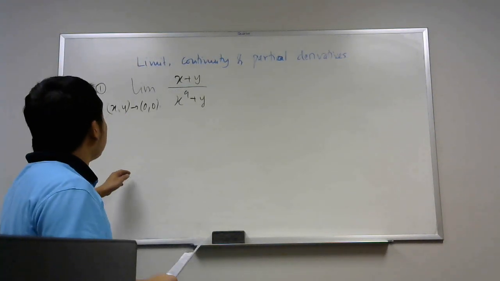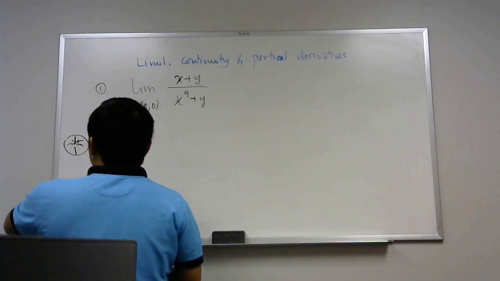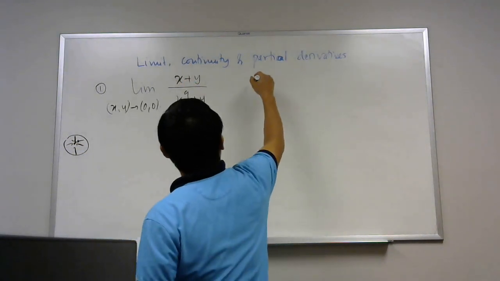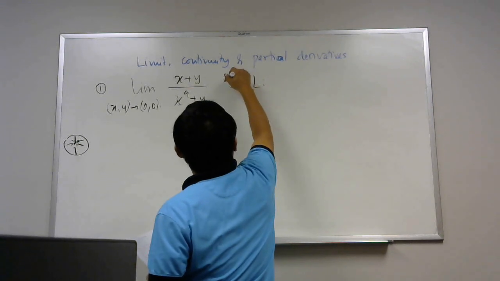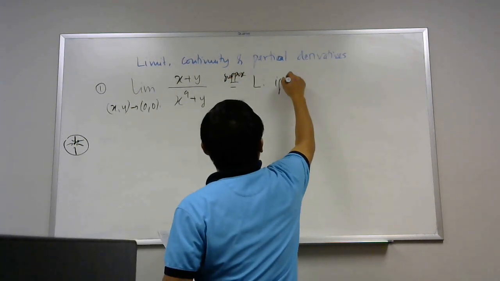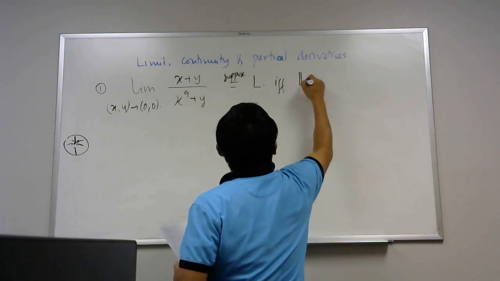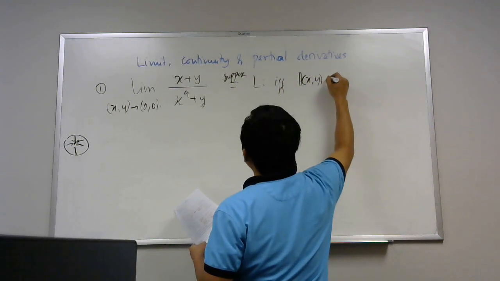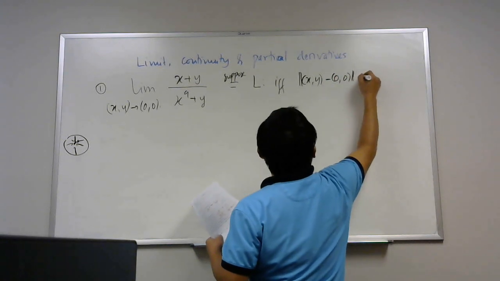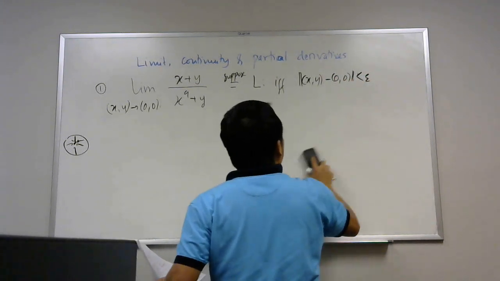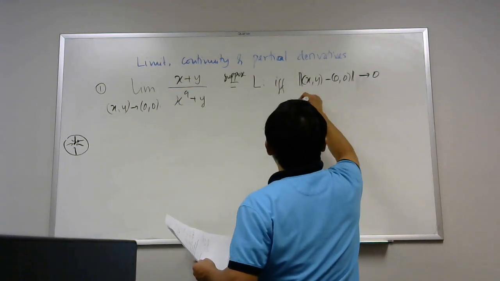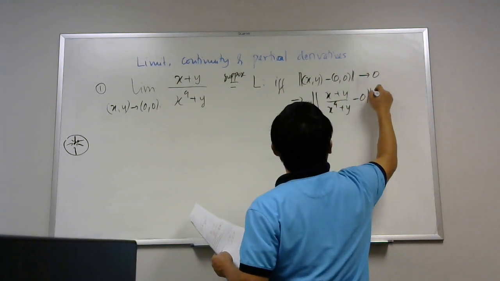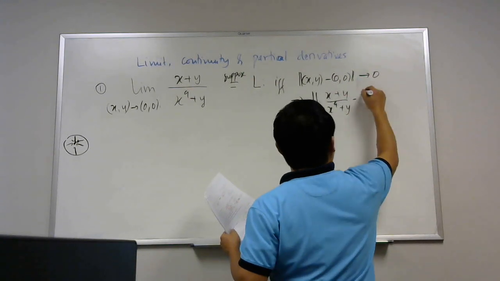In this case, we just say the limit of this function is equal to some number L, suppose, if and only if when the norm, the distance from (x, y) to (0, 0), less than epsilon, or let's say I will write very short, goes to 0, implies that (x + y) over (x^9 + y) minus L goes to 0.